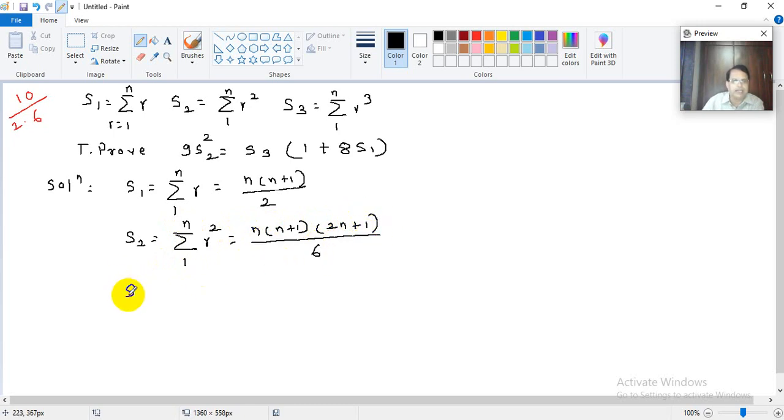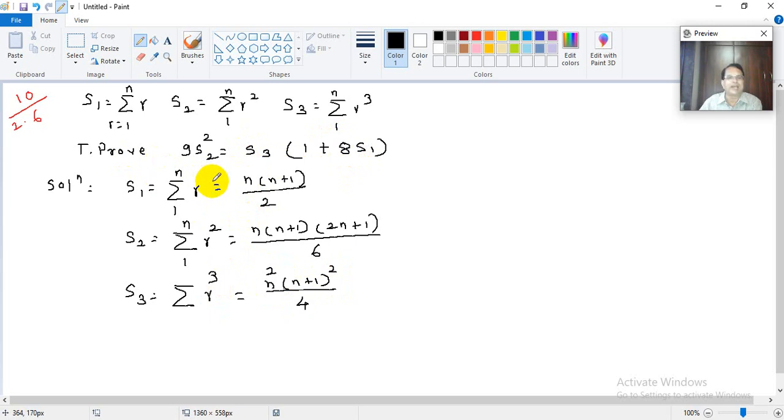And S3, summation R cube, is n squared, n plus 1 bracket squared upon 4. This is the prerequisite. If I want to do this problem, I must know the formulae required, S1, S2, S3.